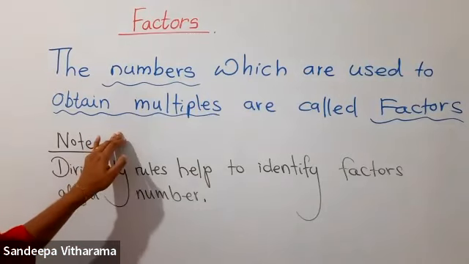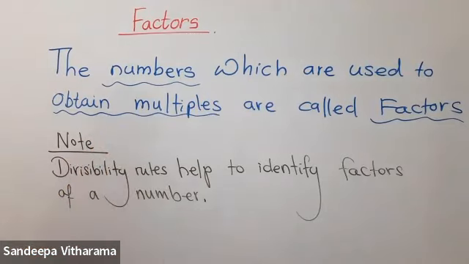There is another definition for the factors. If a number is divisible by a particular given another number, that means the divide number is called the factor. I will give it.